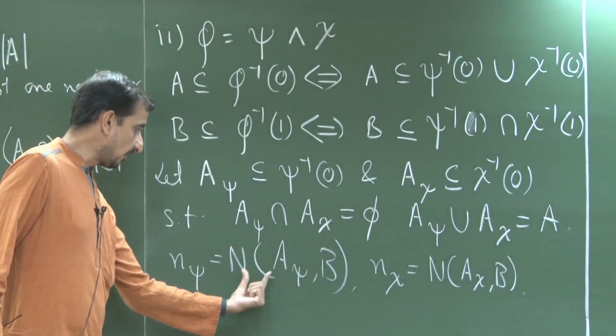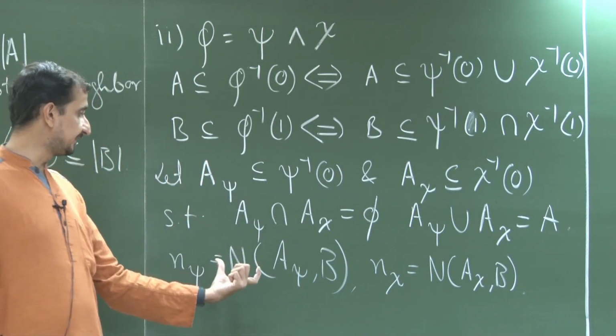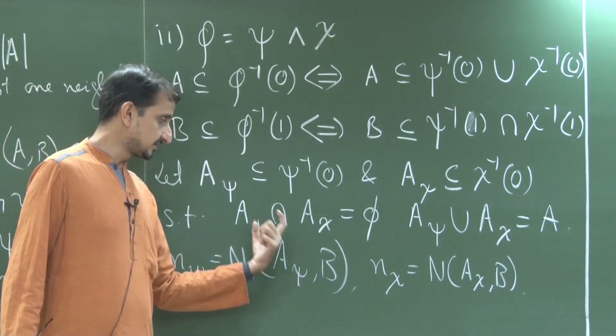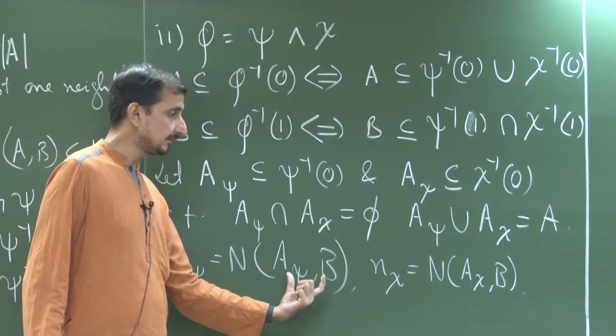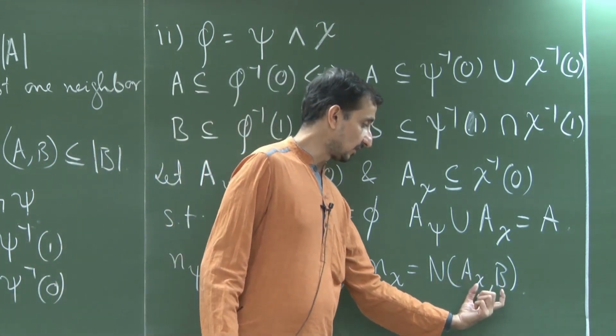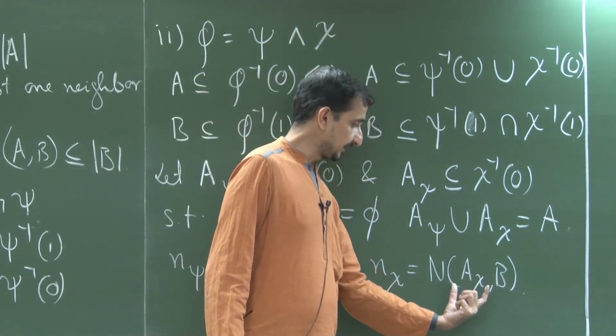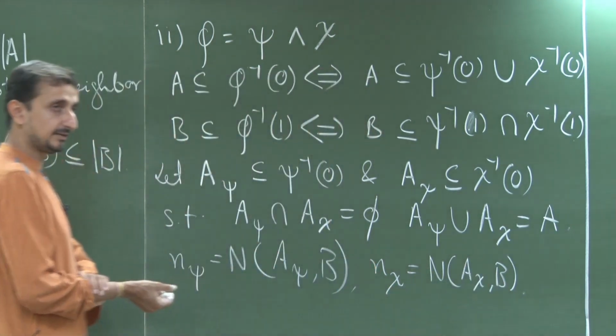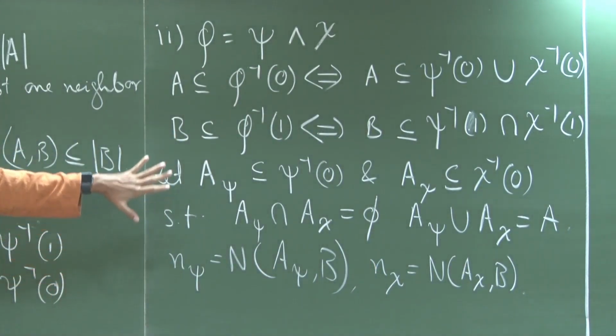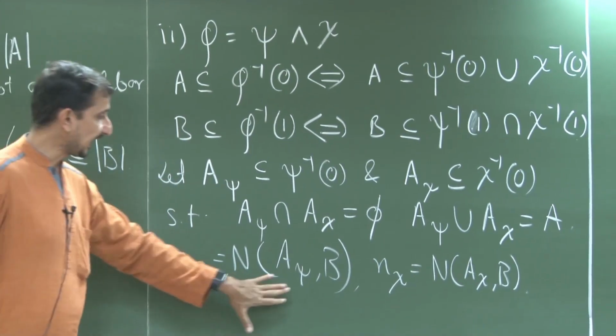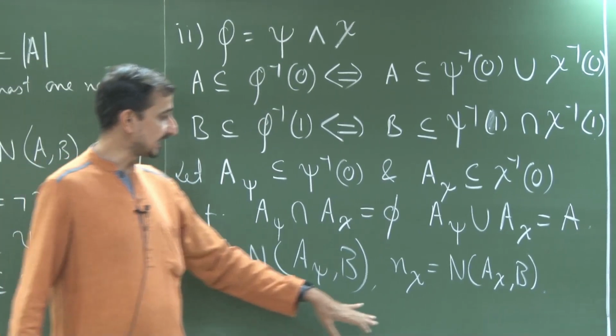Now, how many neighbors or how many triplets are there which are neighbors between A psi and B, and how many triplets or how many tuples are there which are neighbors between A chi and B, right. So, what is the relation between n of A, B and n psi and n chi?